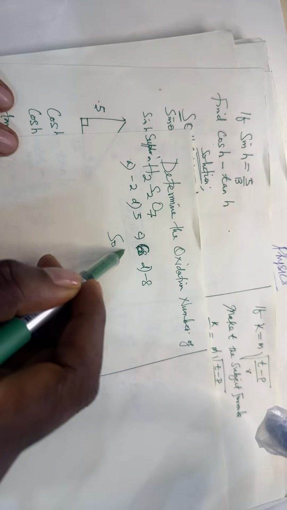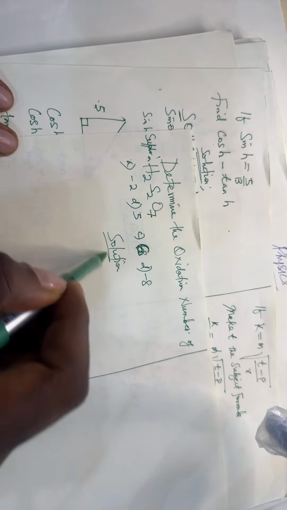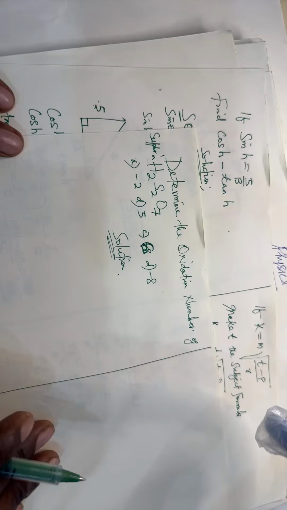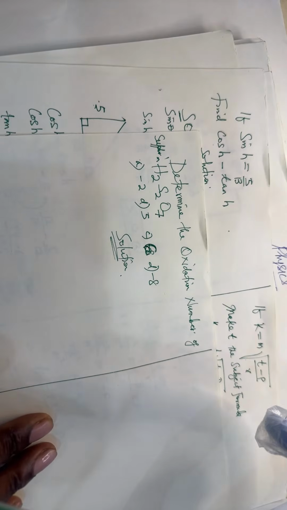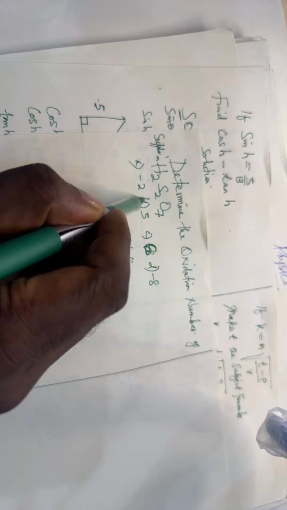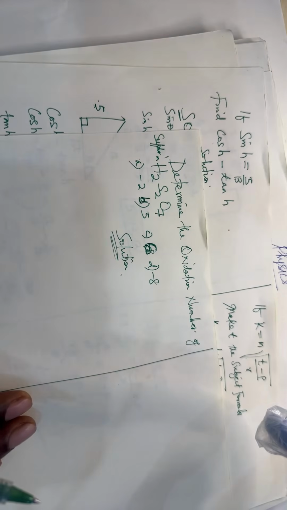Solution. If you are not ready for my solution, just type ready. This one is B. Let me tell you the truth: this week, I have not been posting a series. After this live, go and check my YouTube.